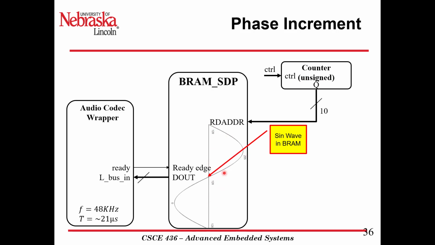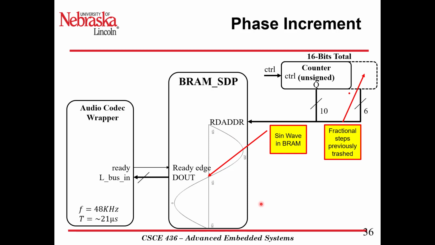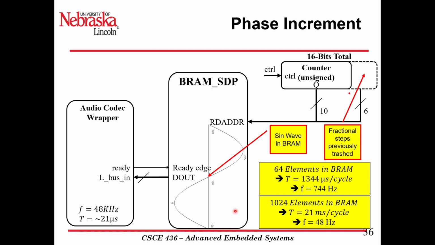There are now 1024 values of some sine wave put in there. You have those extra 6 bits that were previously trashed. Those can be a fractional portion to index into these values in our array. So next time we're going to actually talk about indexing and doing fractional portions into that index and demonstrating that.